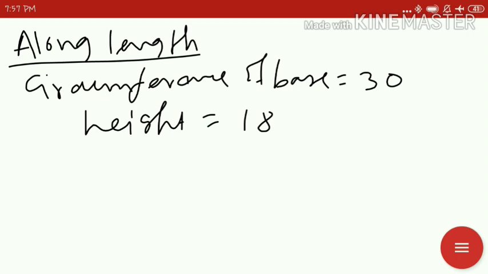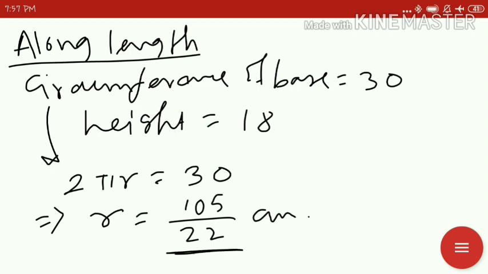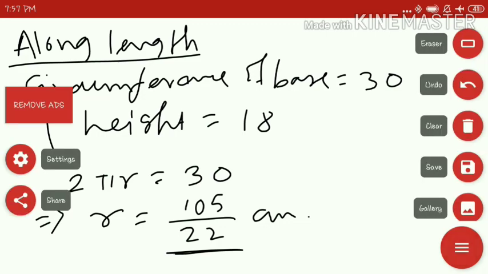Now as the circumference of the base is 30, we can use the formula that 2 pi r equals 30. From that you will find that r equals 105 by 22. I have told you that it is not our main answer, so we can keep it in the fraction form. Now we need to find out the volume of it.